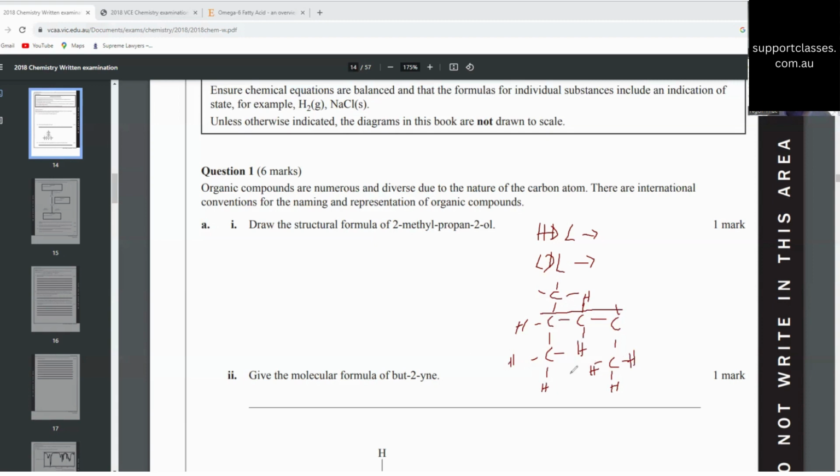So these branches repel each other. This is an R group, this is another R group. These R groups push each other and spread out. So therefore, you cannot pack them easily.